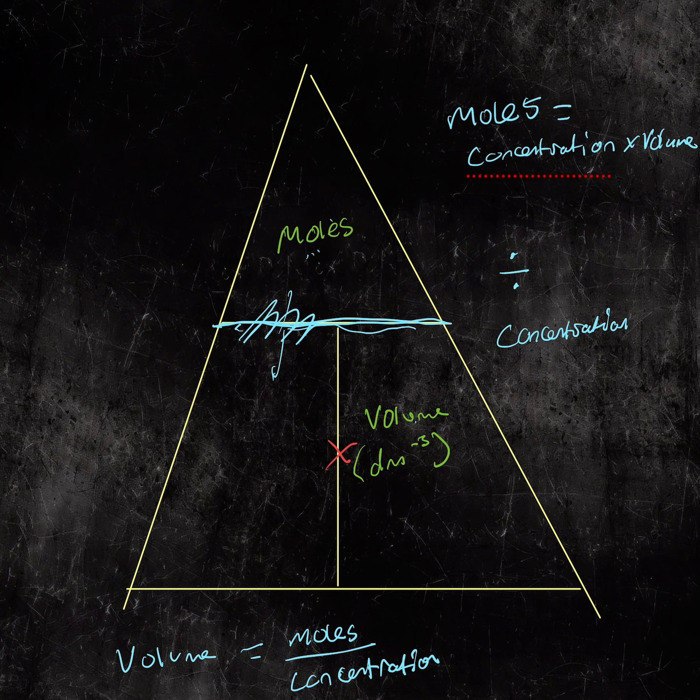So it must equal moles on top of volume. So it's quite easy to use these triangles. Moles at the top equals, they're next to each other, so they're multiplied. And if moles is at the top, it's just moles divided by something. So moles divided by that one, or moles divided by that one, depending on which one you want to calculate.